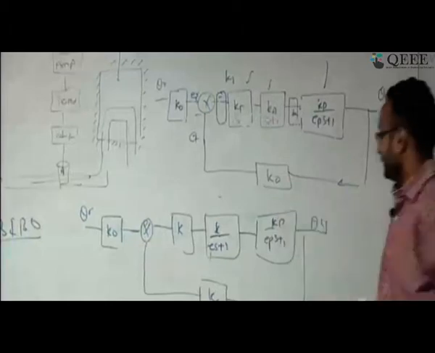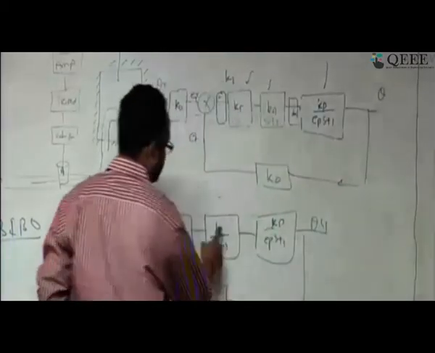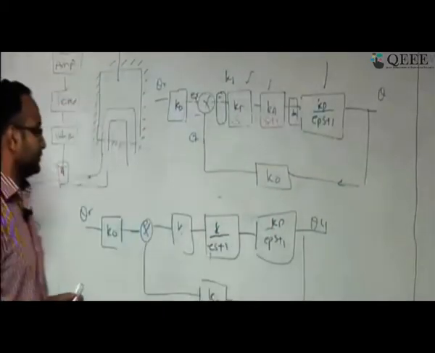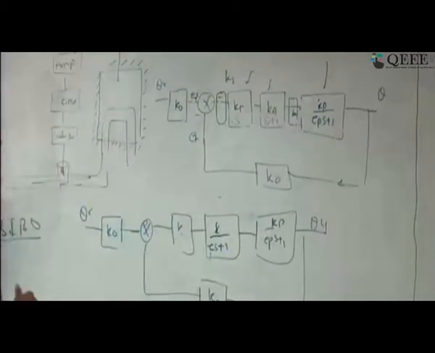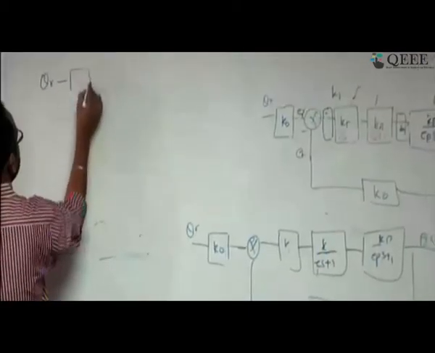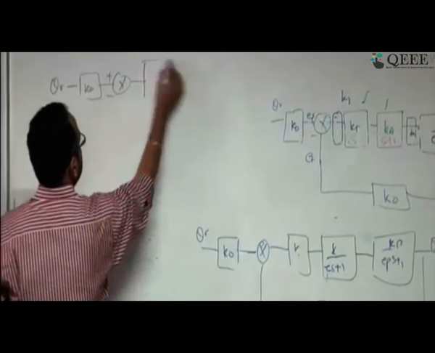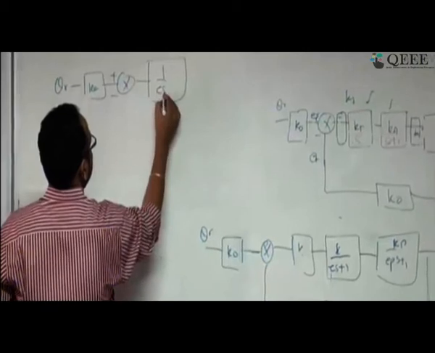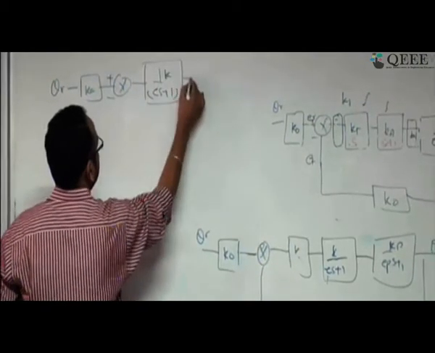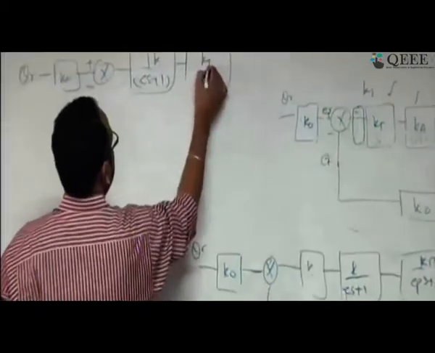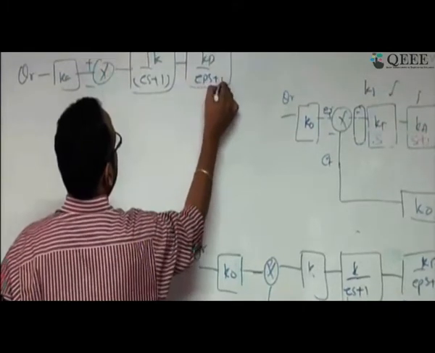Okay, now look at it again: we can take k into kp and make it one constant, and I can write it in this form: theta r, this is k0, plus minus, this entire thing is tau s plus 1, k, kp over tau p s plus 1.